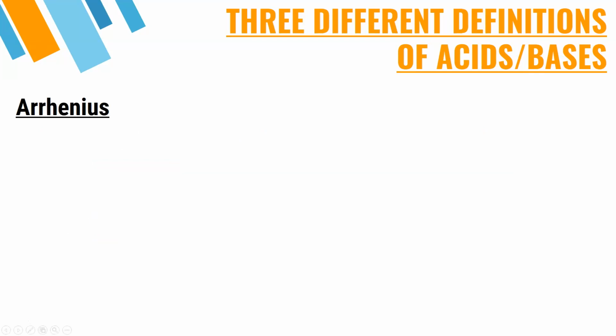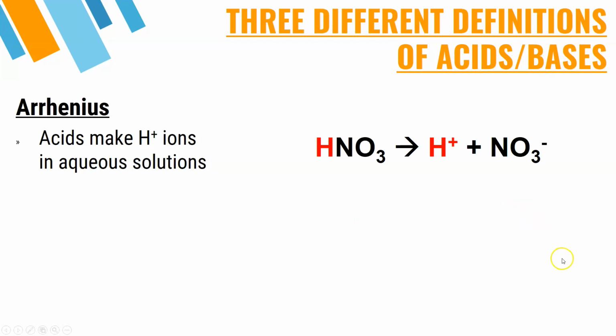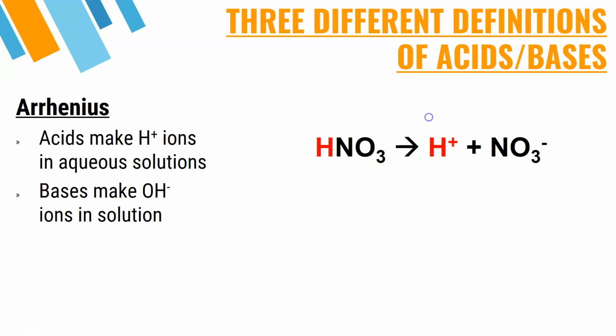So let's look at some examples. Our Arrhenius acids make hydrogen ions. Like this. This is an acid. Nitric acid loses the hydrogen, and now the hydrogen ion is floating around in our water. The bases make our hydroxides, something like this.